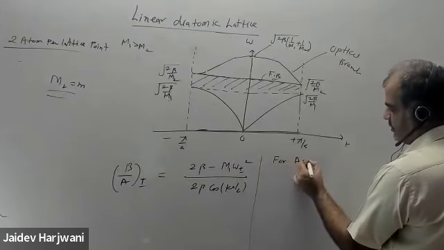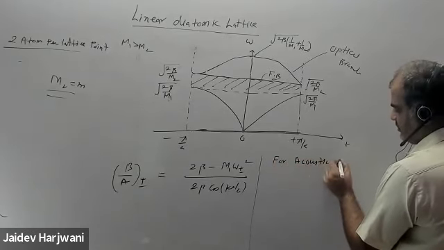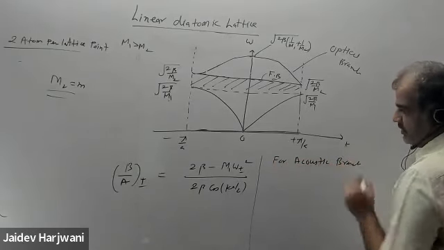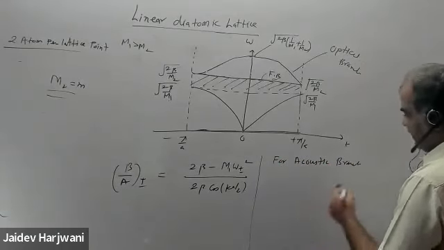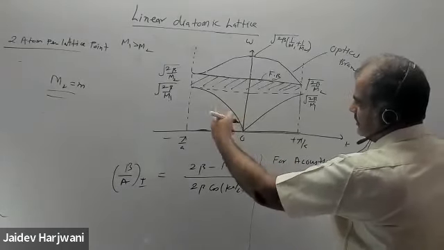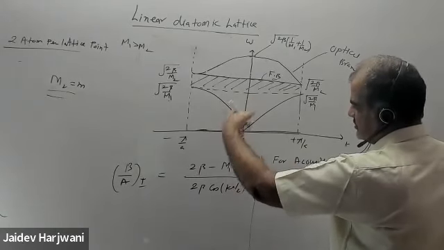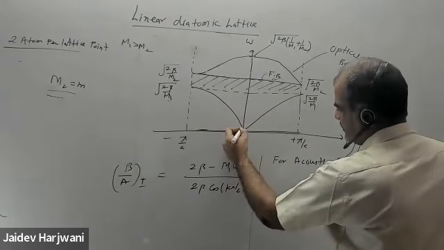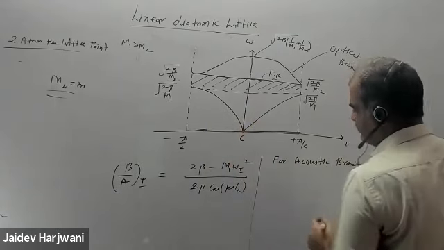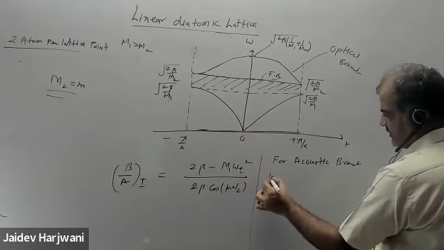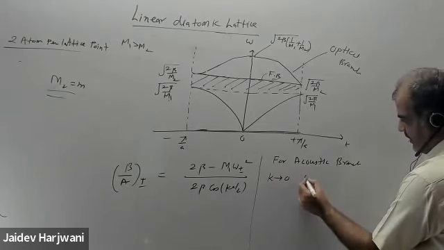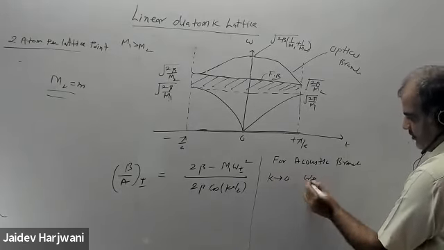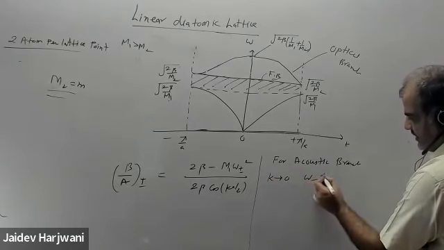So for the acoustic branch, I want to see how this dispersion relation behaves near k equal to 0. So let k tend to 0. When k tends to 0, omega minus for the acoustic branch is 0.